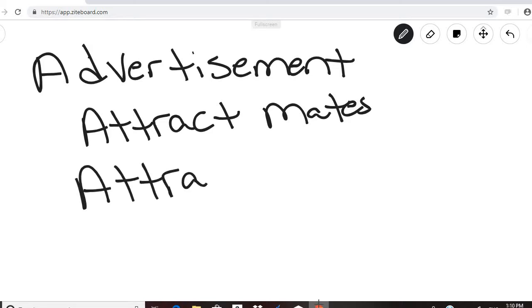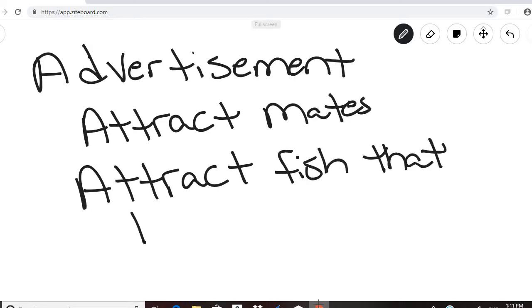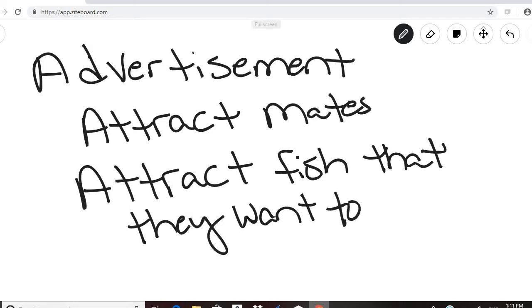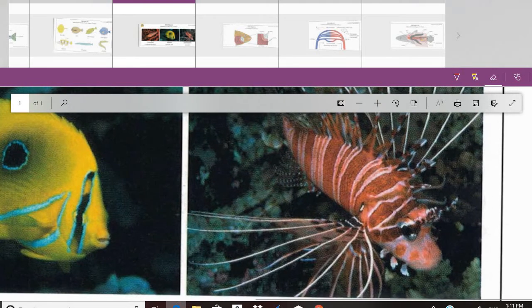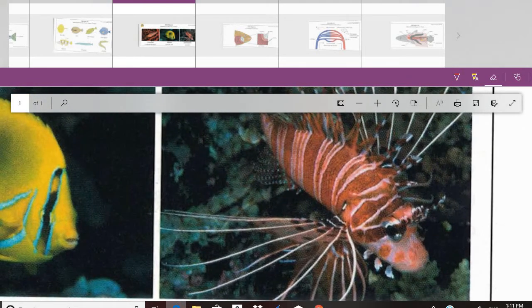So some fish get their food by cleaning things off of other fish. That's called mutualism. So they will advertise themselves through color to attract fish that they want to clean or that they want to mate with. So the picture here is of a lionfish, and the colors are designed to try to attract a mate.